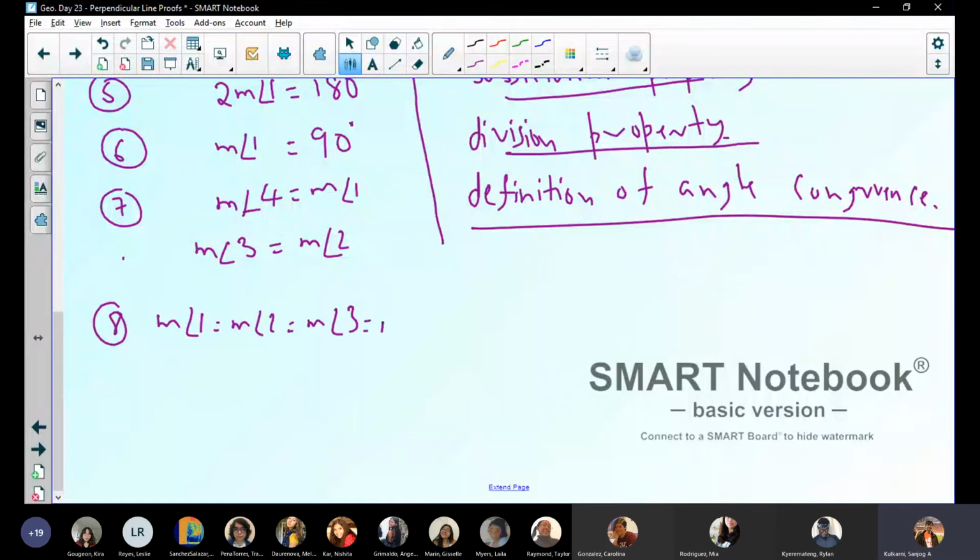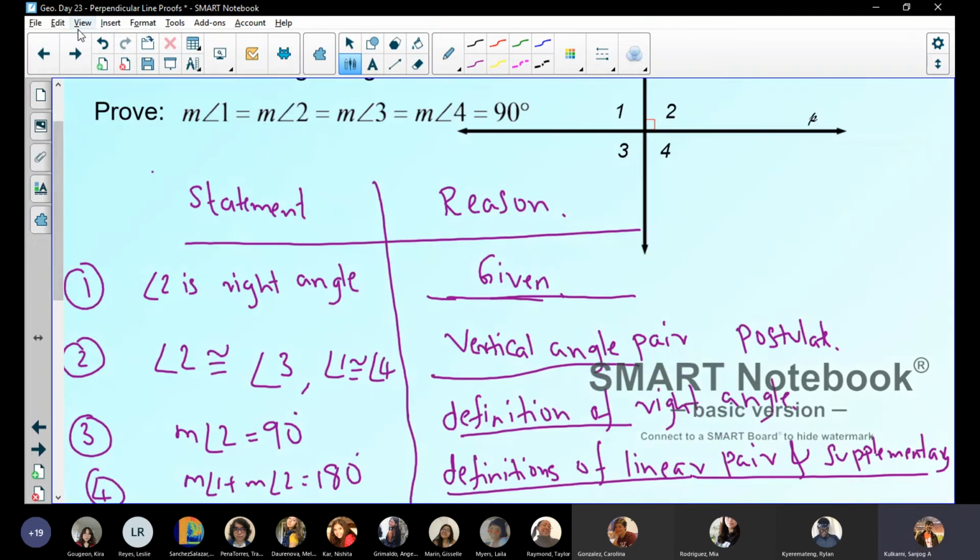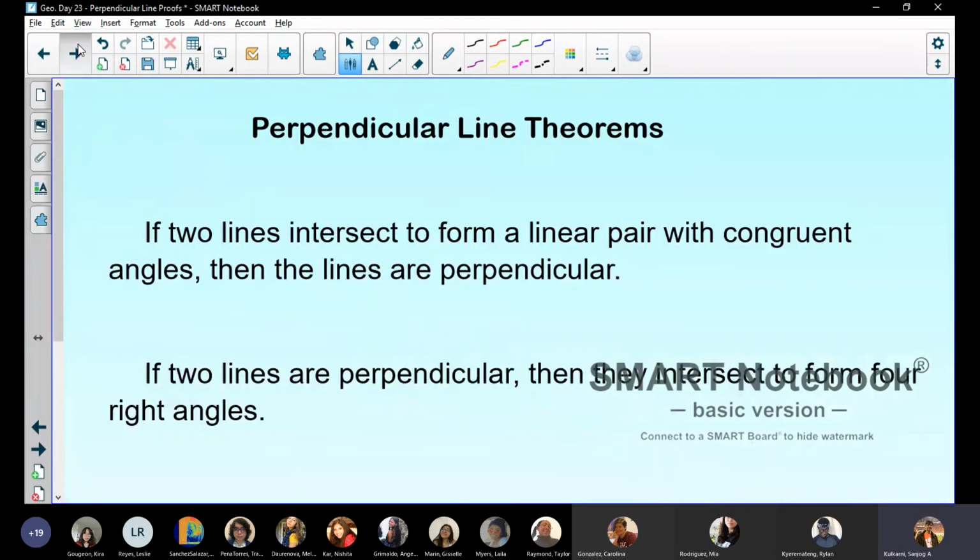That in turn equals measure of angle 4, which is equal to 90 degrees. We can get this by substituting. Substitution property. Okay, this was a proof for this particular problem. Let's see the next one.